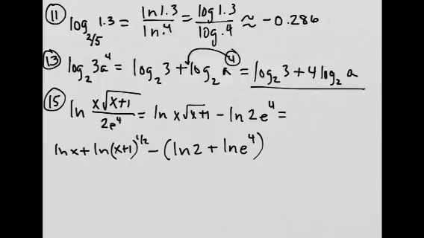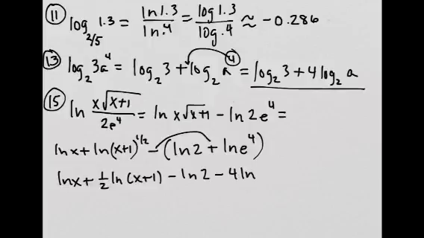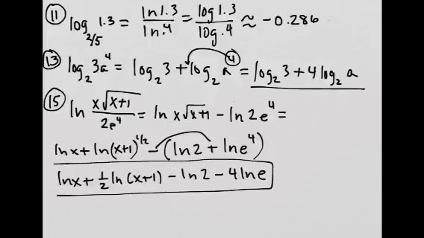So, and I'm going to distribute the negative also as I do this last line. So this is going to be natural log of x plus 1/2 natural log of x plus 1 minus natural log of 2, and the negative is going to be distributed here, so minus, and then the 4 comes down, 4 natural log of e. So this is the expanded form of number 15.